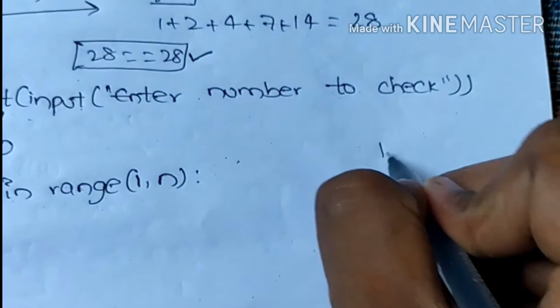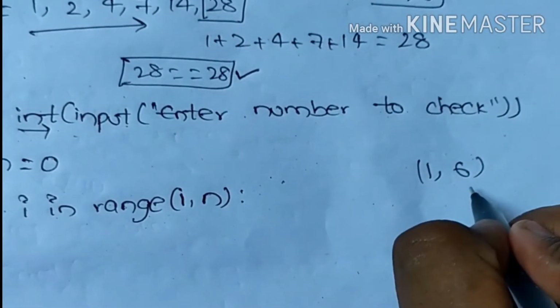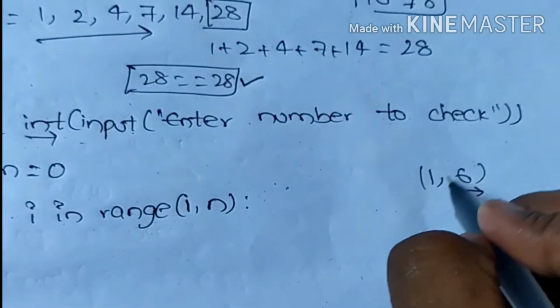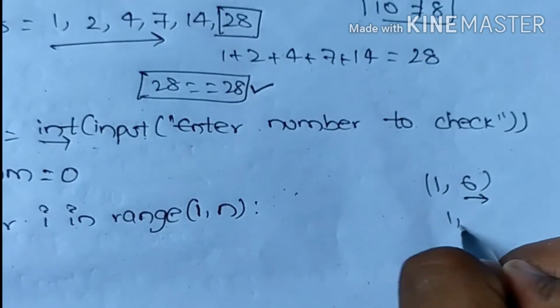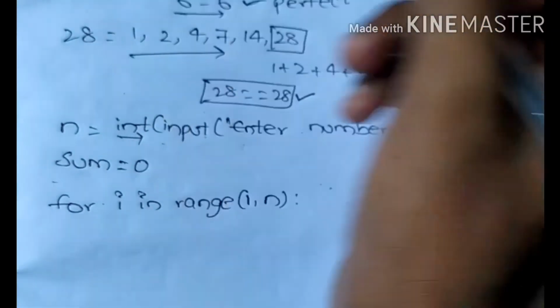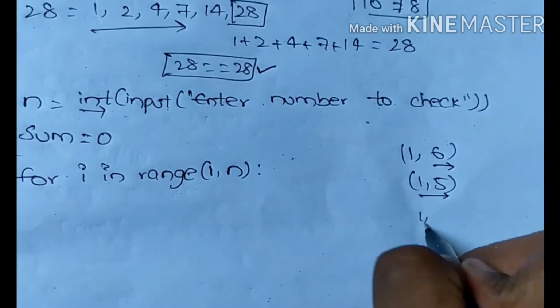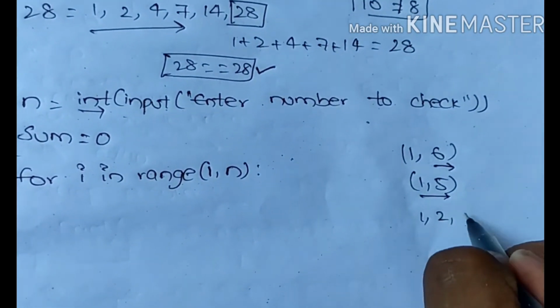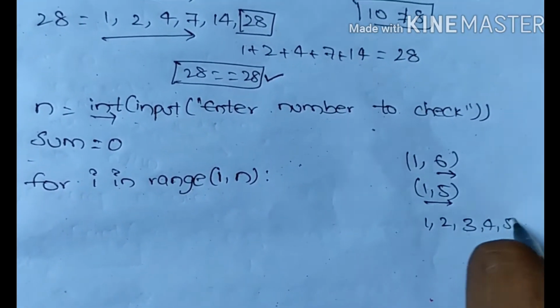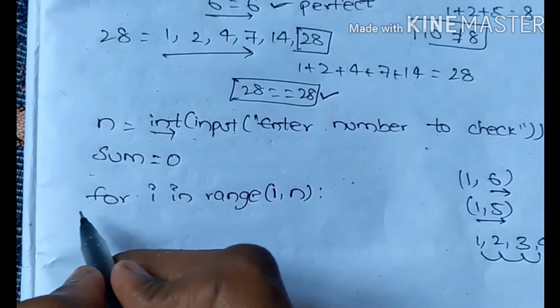When we write 1 comma 6, here in Python the 6 will be excluded and the loop will run up to only 1 comma 5. Here we have to check from 1 to 5, right? So first we will check 1, and then we will check 2, 3, 4 up to 5. So one by one we have to check. That's why here I mentioned for loop.